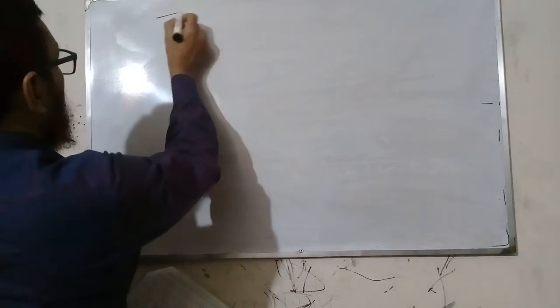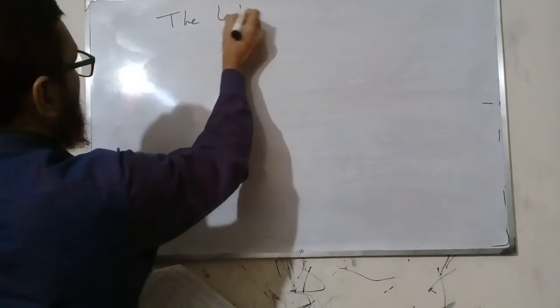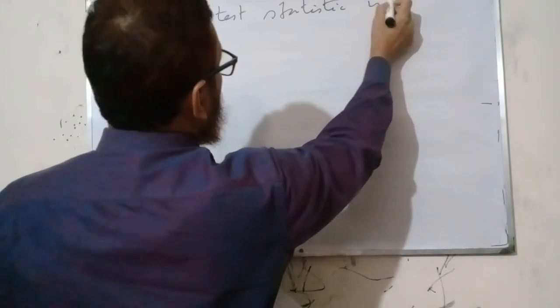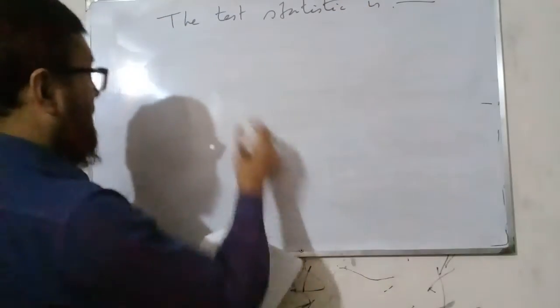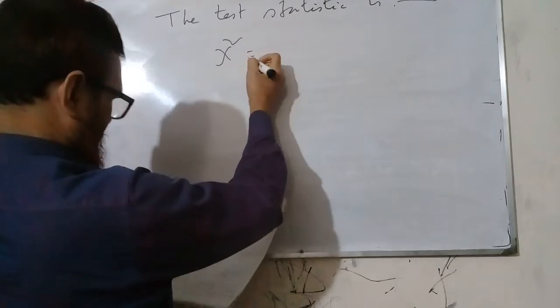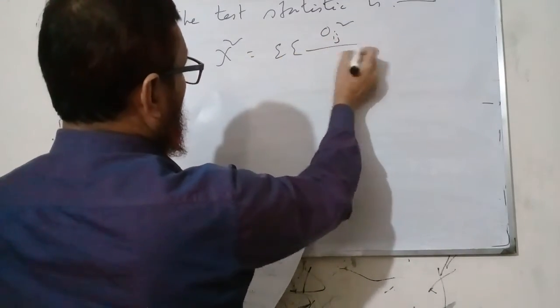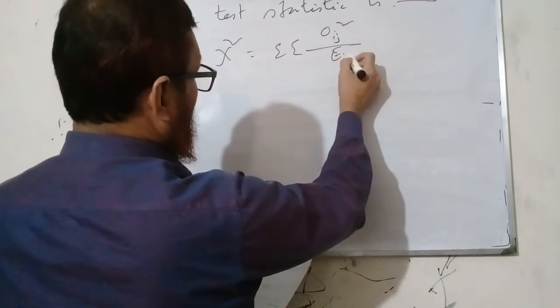The test statistic is chi-square equal to sum of (Oij minus Eij) whole square by Eij.